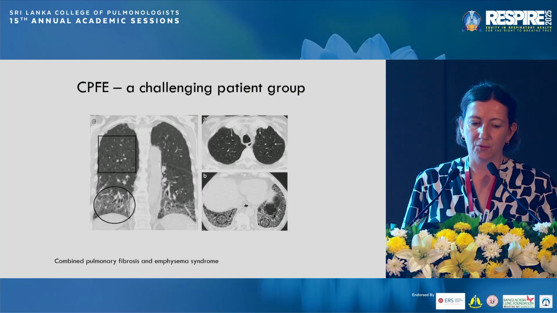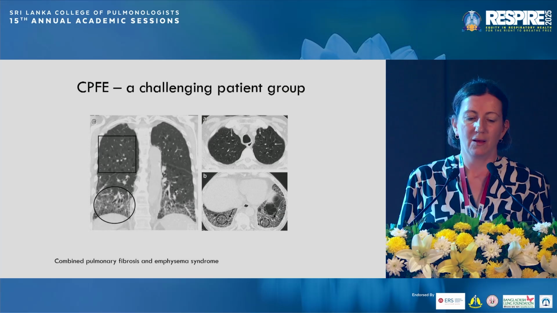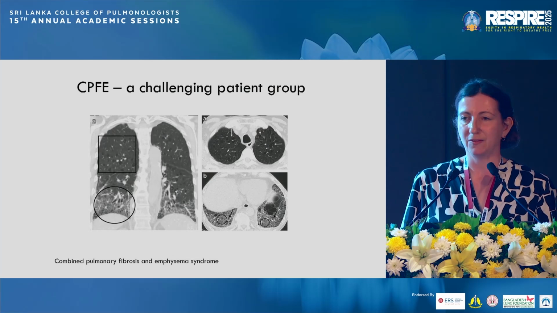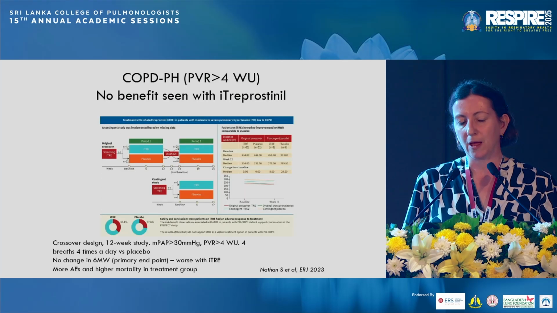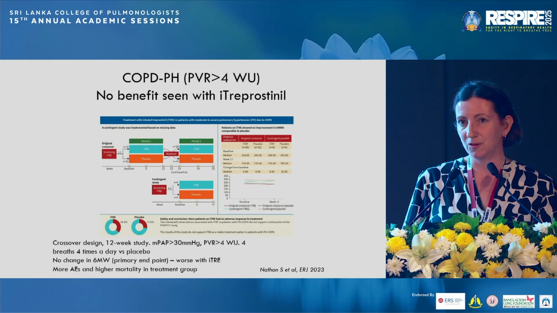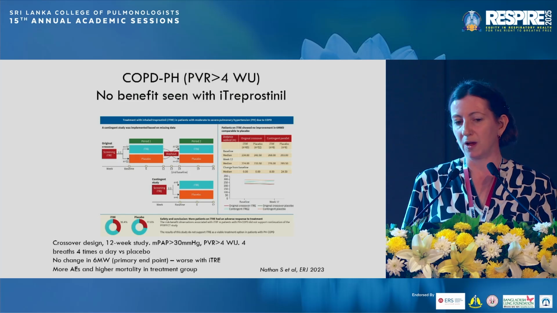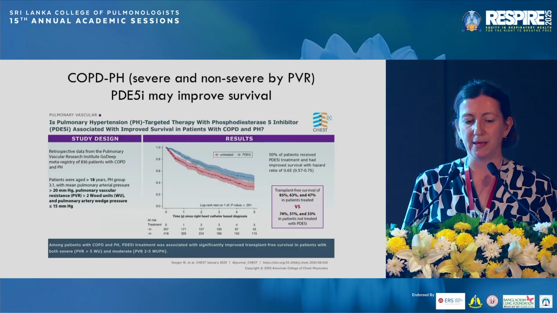It's a very difficult patient group, apical emphysema, basal IPF pattern. Oxygen, palliative care, diuretics. And in patients with COPD, studied recently and just published, there was no benefit in COPD-PH with this amazing new drug. So it really is for ILD-PH.